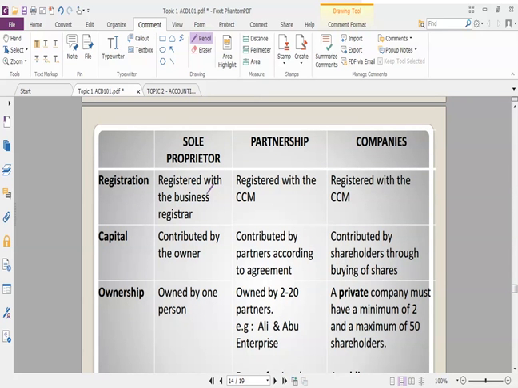They must register with the business registrar. How about the partnership? In Malaysia, a partnership will register with the CCM, or Companies Commission of Malaysia.